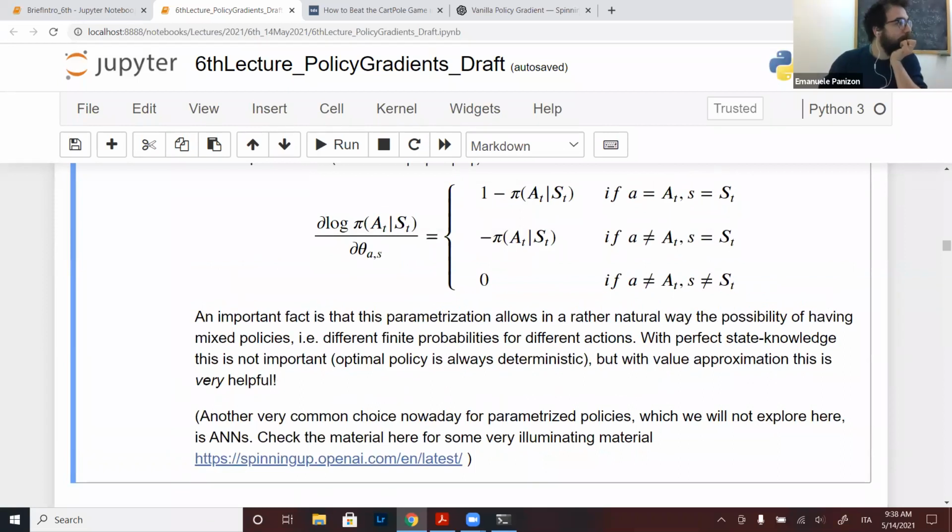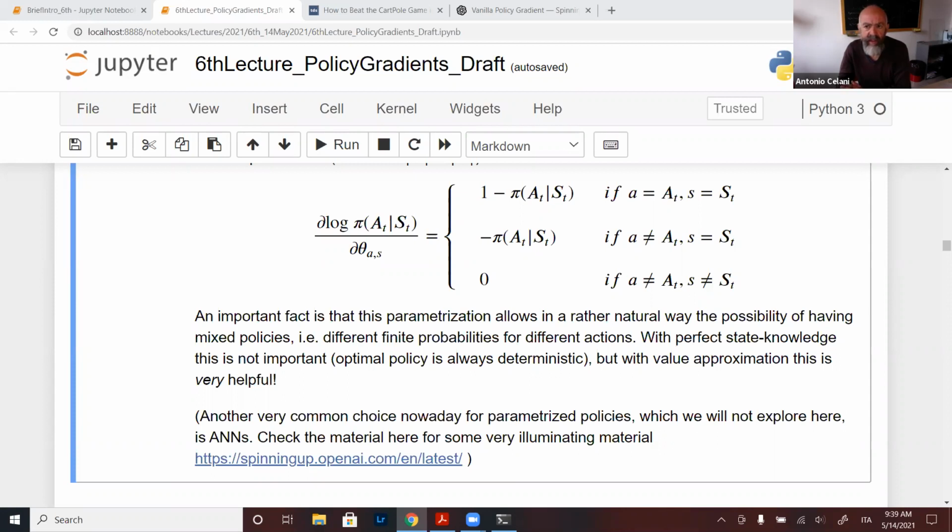May I just add a small side comment? It's useful to think about these objects as eligibilities. That is, they give credit for what is happening to different parameters. In policy gradient algorithms, in this specific case, it means that if you just visited a state capital S_T, you will be giving credit 0 to all parameters that belong to states which are not the one that you visited.